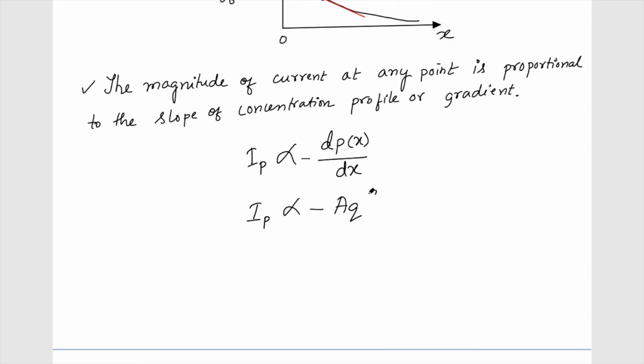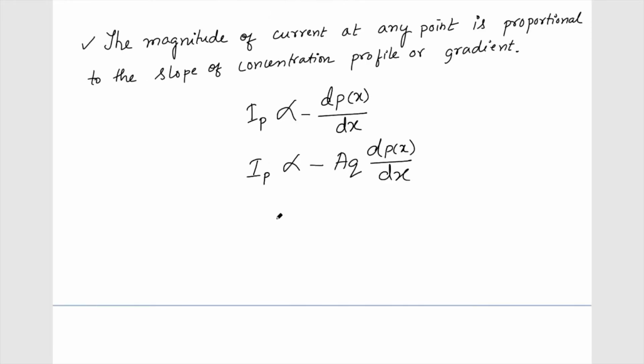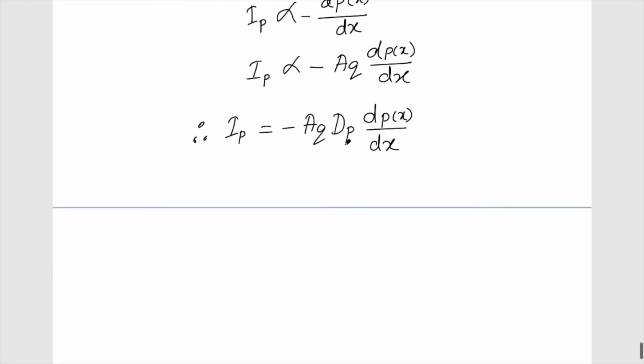I can introduce a proportionality constant, and therefore my Ip is equal to minus A Q Dp dp(x) by dx, where Dp is the diffusion constant.